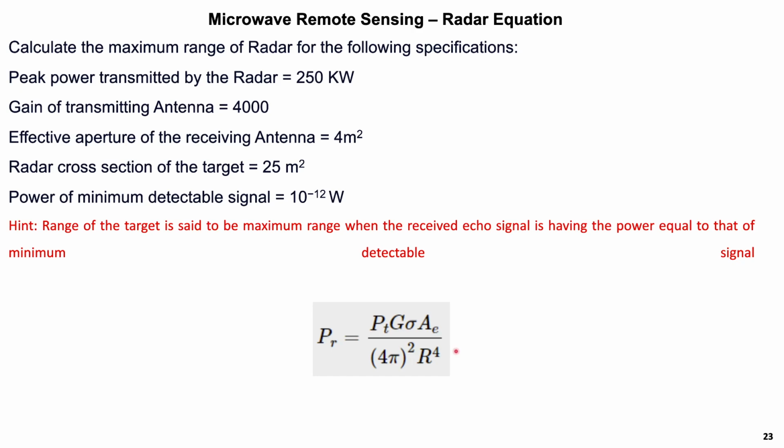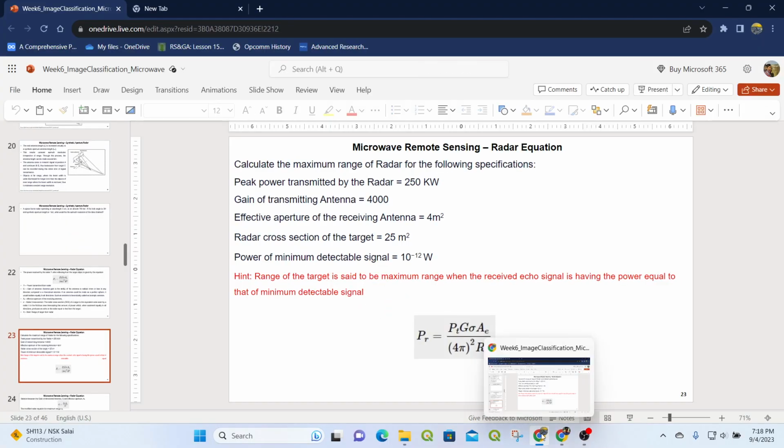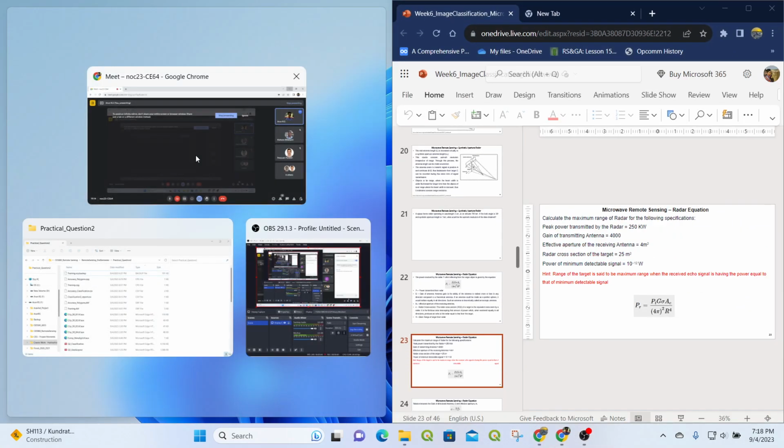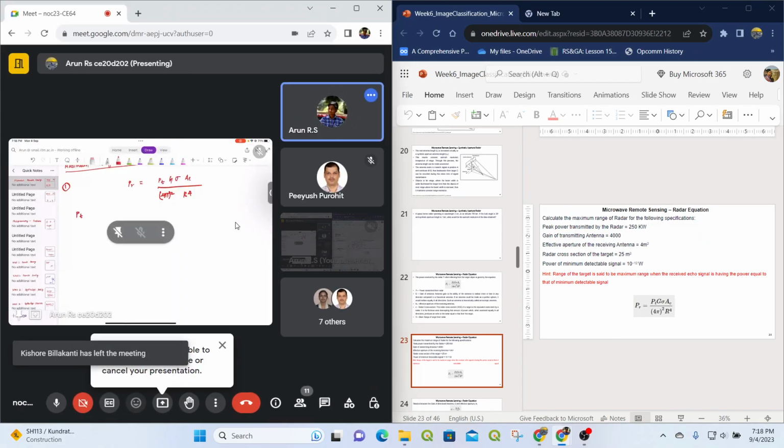So your radar equation is, and peak power transmitted is 250 kilowatt. Then minimum detectable signal 10 to the power minus 12 watt.